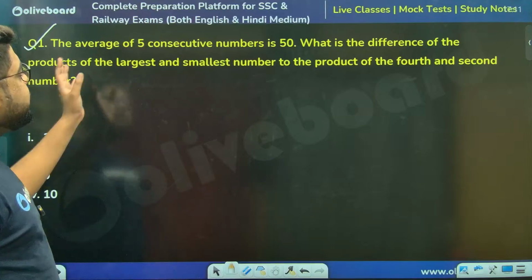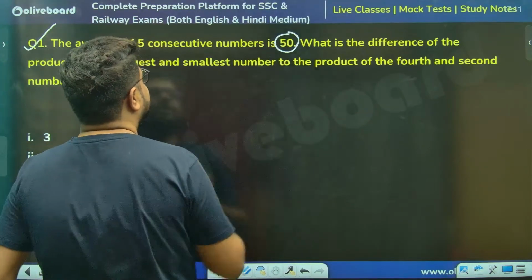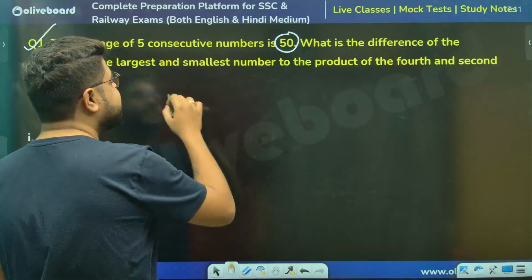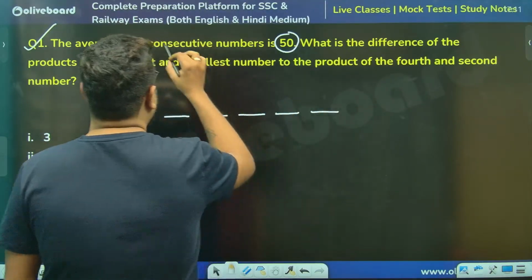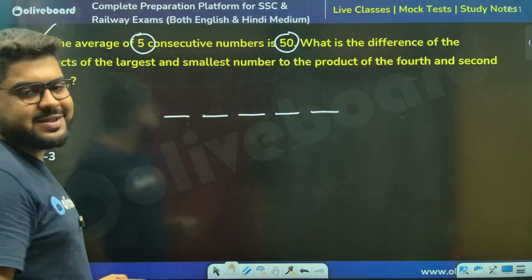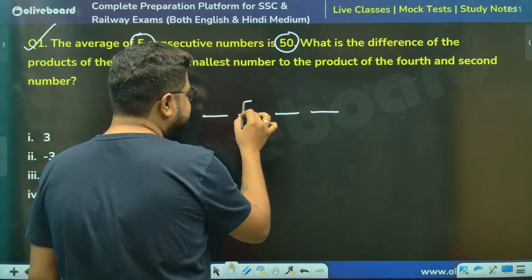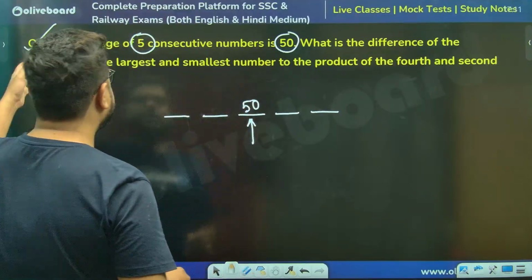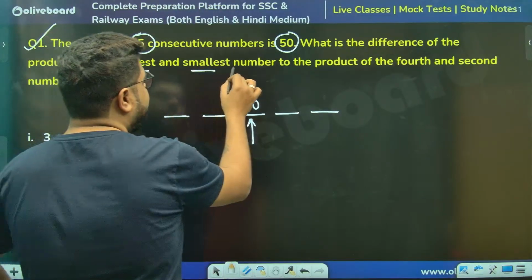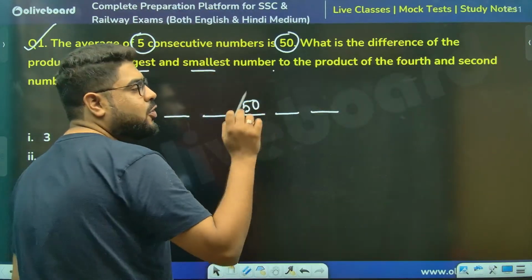Now, the average of 5 consecutive numbers is 50. Whenever you see consecutive numbers, 1, 2, 3, 4, 5, with an odd count of numbers, I told you average means the middle number. This is 50. What is the difference of the product of the largest and the smallest number and the product of the fourth and the second? So let's figure out all the numbers.